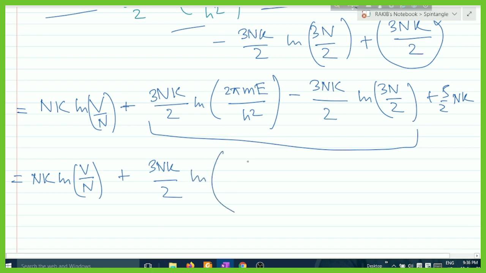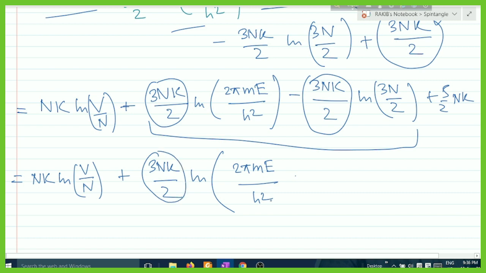In the first term there will be a positive 2 pi me by h square, and from these two terms, there will be a common term 3nk by 2. This is 3nk by 2 ln 2 pi me by h square, and there will be a 2 by 3n term because it is on the denominator. It will go on the denominator and will fold up. Okay, this means 5 by 2 nk. I think I am done with this thing.